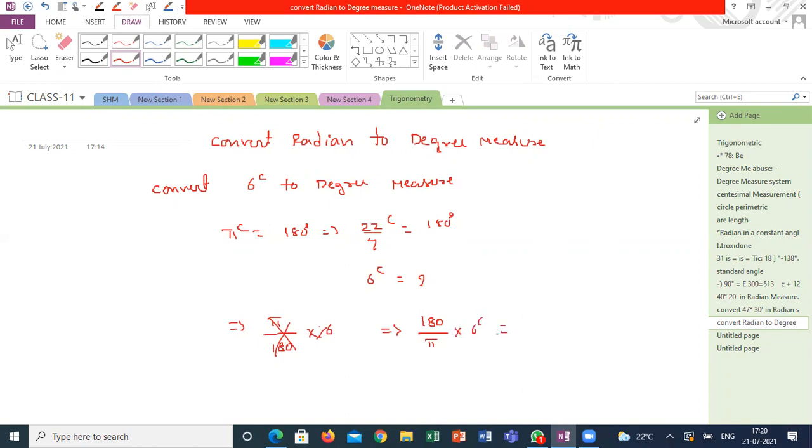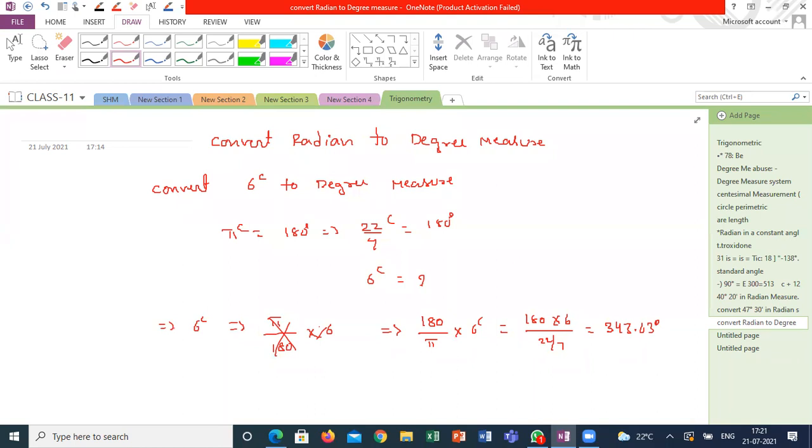Calculate and let me know. 180 into 6 divided by 22 by 7 or 3.14. Approximately how much am I getting? 343.63 degrees. So 6 radians will be equal to 343.63 degrees.